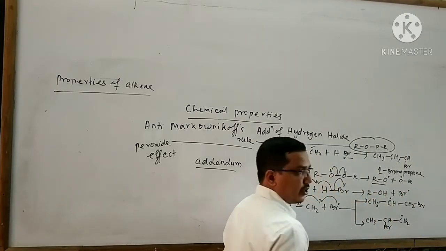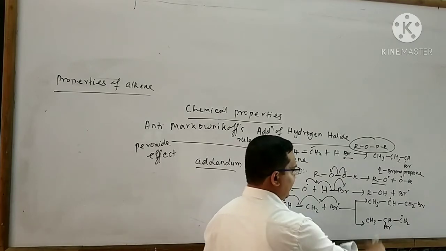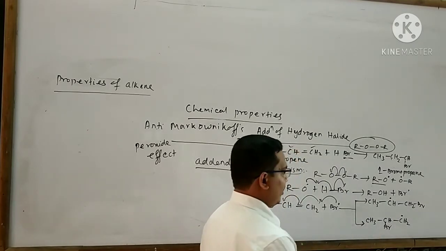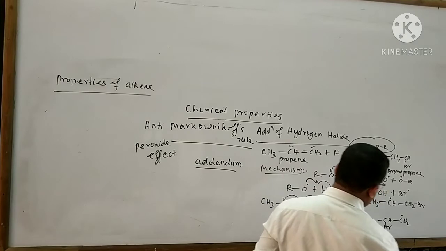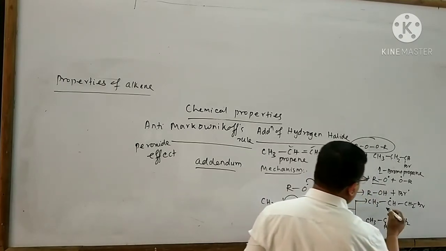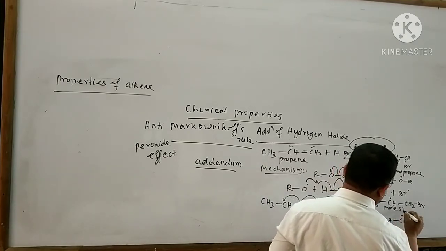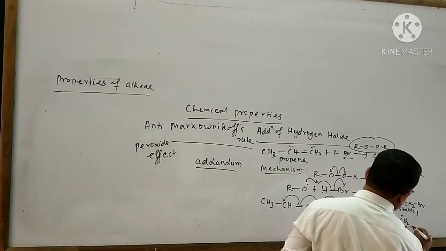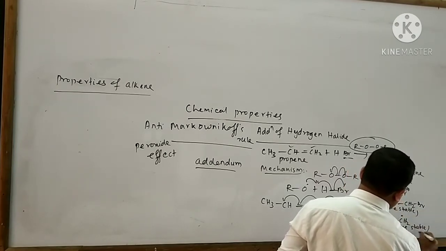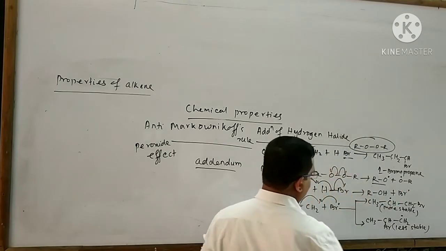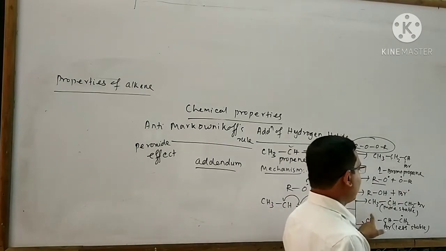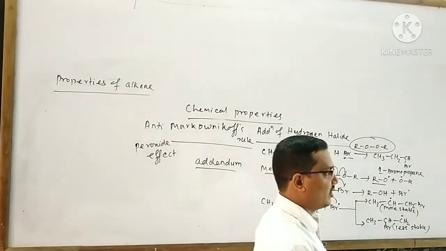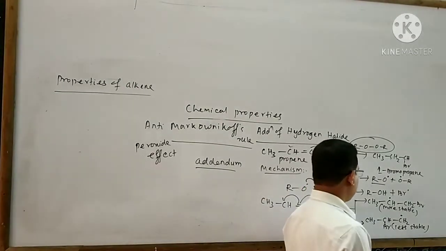This is your 2 degree free radical, this is your 1 degree free radical. We know that 2 degree free radical is more stable than 1 degree free radical. So this is more stable and this is your less stable free radical. So obviously this free radical forms a product which is said to be the major product.